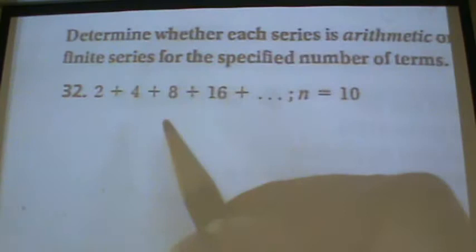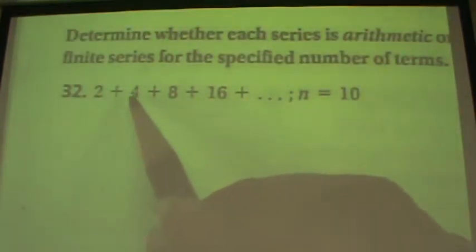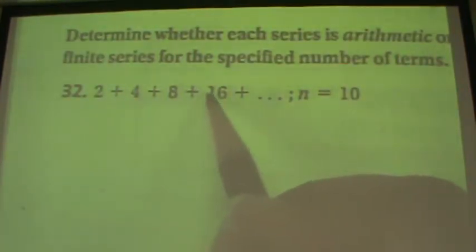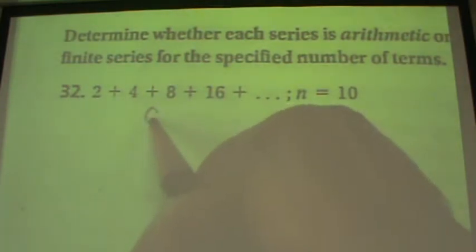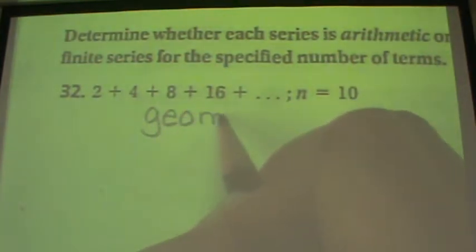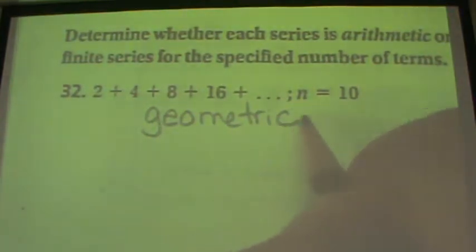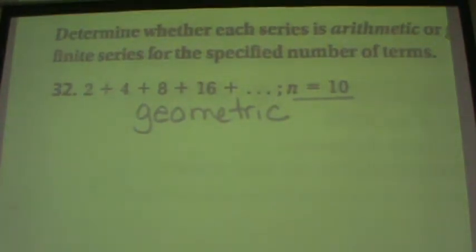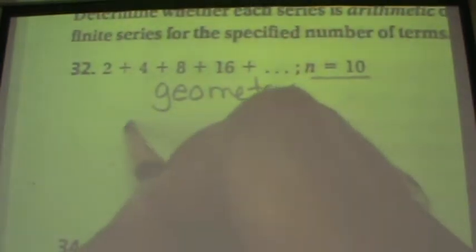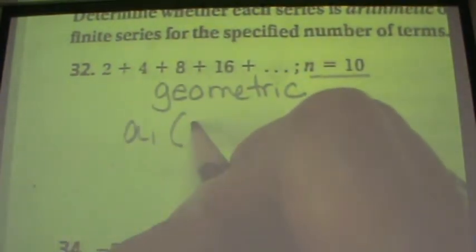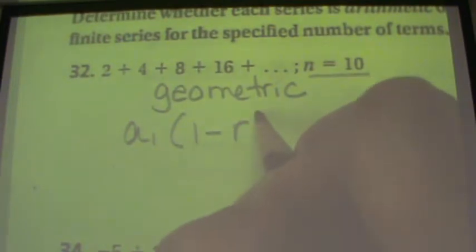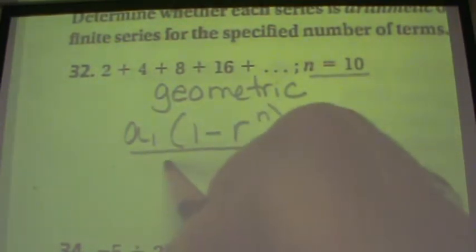It's geometric, so they're multiplying by 2 here, multiplying by 2 here, multiplying by 2 here, right? This is geometric. If I ask you to add the first 10 terms of this series together, what is the formula? See if you remember it. A sub 1 times 1 minus R to the n power over 1 minus R. Good.